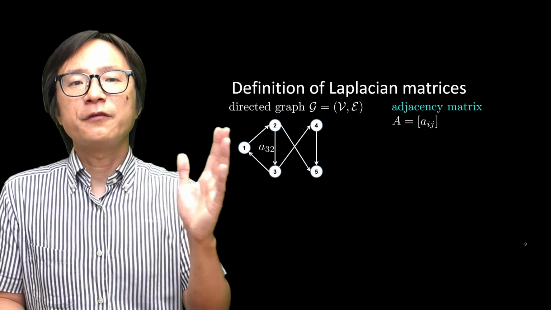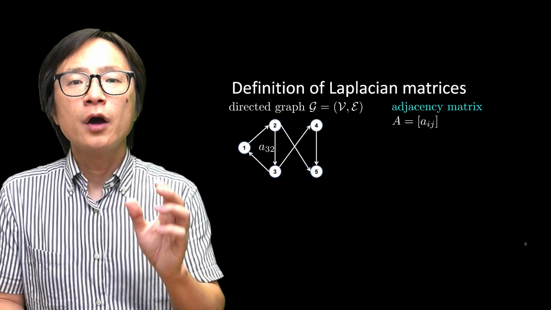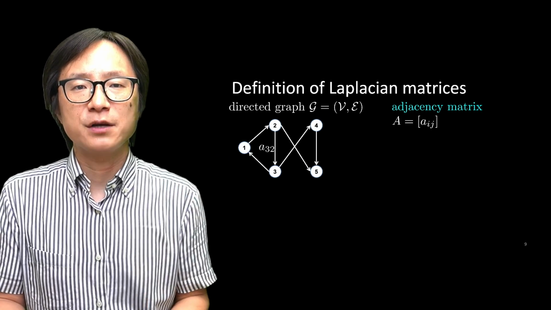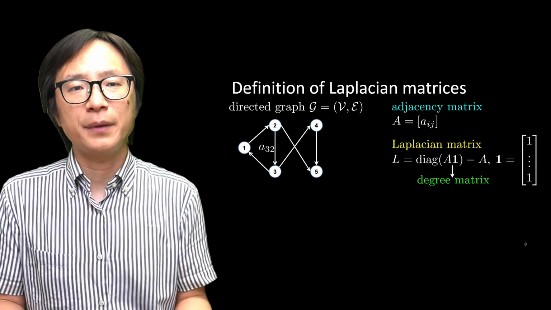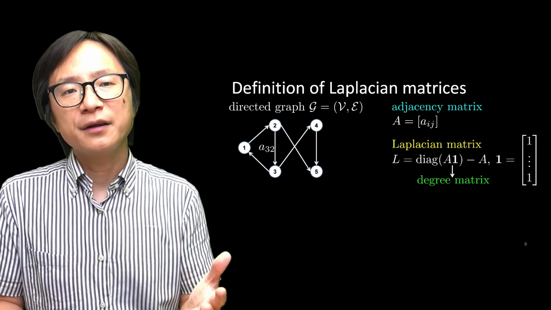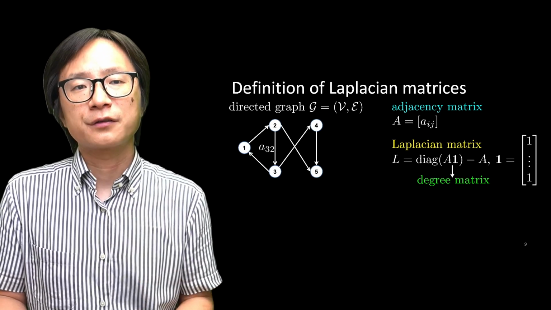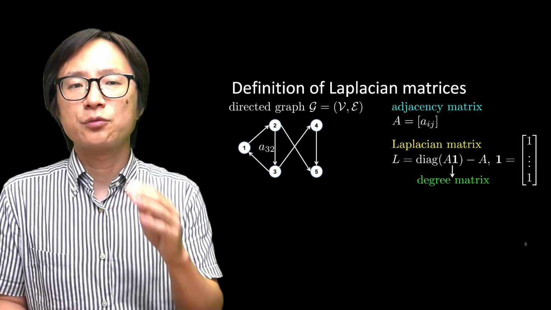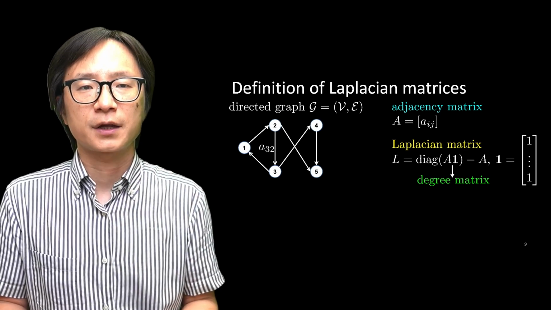So first of all, the matrix that encodes the weights on the graph is called the adjacency matrix of the graph. And then the Laplacian matrix is defined to be the degree matrix minus the adjacency matrix. This degree matrix is a diagonal matrix whose diagonal entries are the row sums of the adjacency matrix.